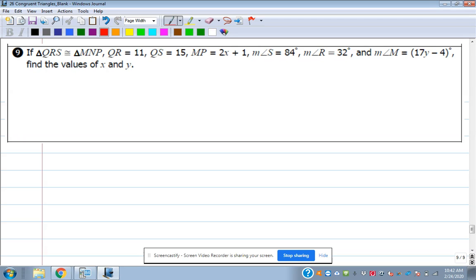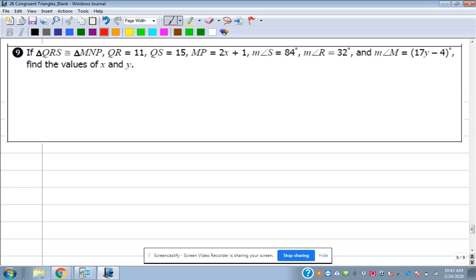QRS is congruent to MNP. So 3y minus 21 equals 18. Where are you getting the 18? Because they're corresponding. Where's the 3? Never mind. I'm like, where are you getting 3y? Did I give you the wrong handout or something? No. All right.